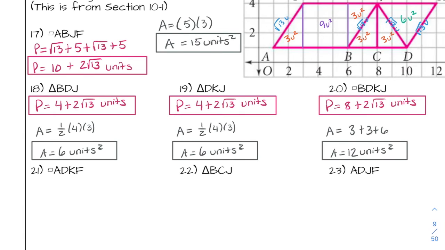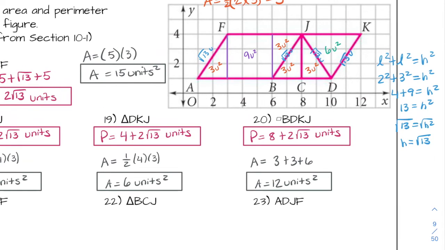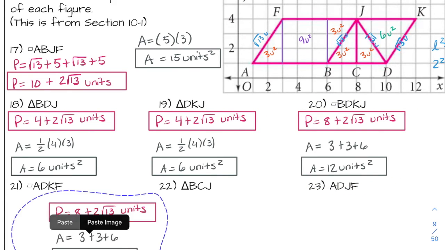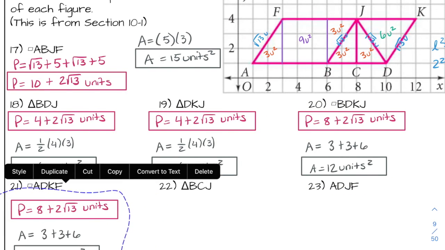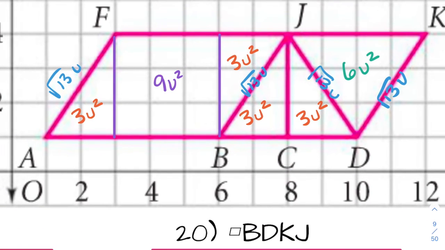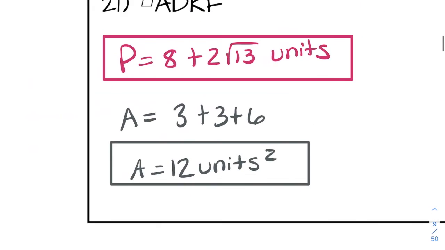Okay, 3 more. ADKF is the entire thing. So I'll just copy something like that. So the perimeter is definitely 2 square roots of 13, but it's also 1, 2, 3, 4, 2, 4, 6, 8, 9, and 9 is 18.